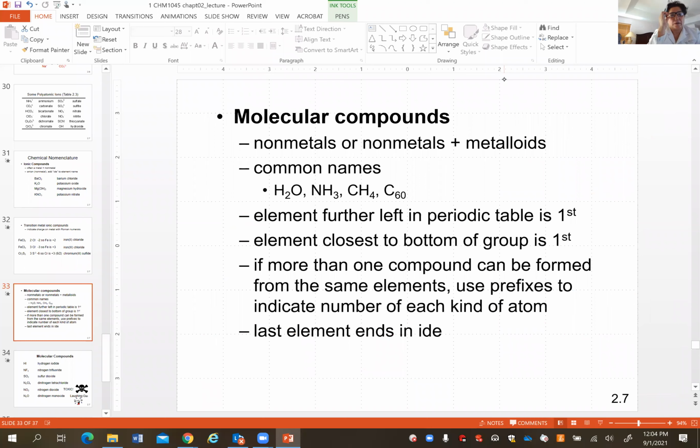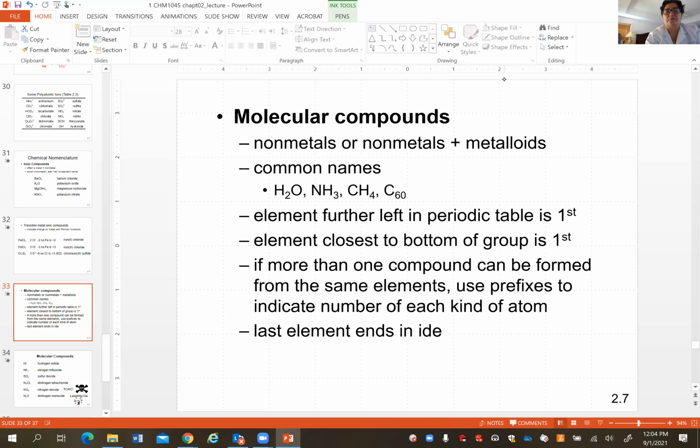Okay. Now, remember I emphasized that if you have an ionic compound, you don't worry about the subscripts. But if you have a molecular compound, then you have to worry about subscripts. How does a molecular compound form?